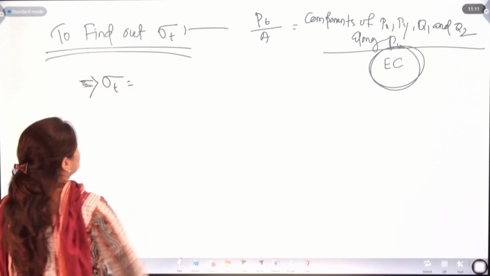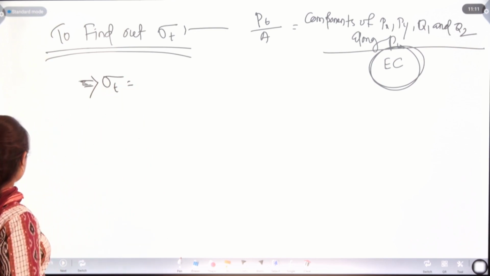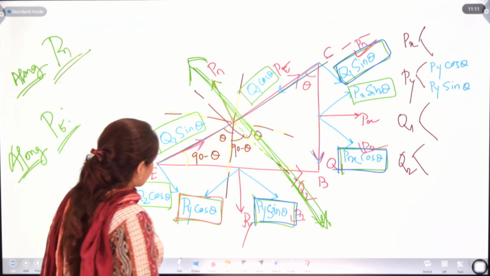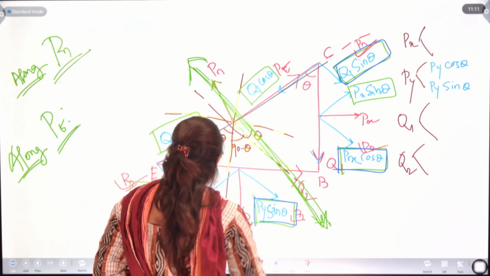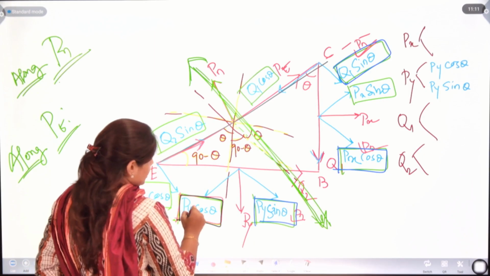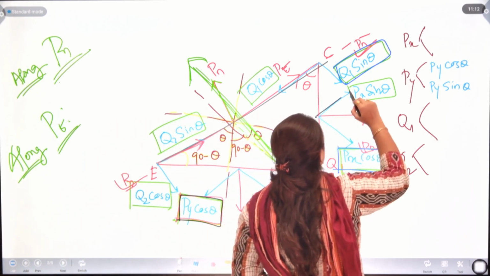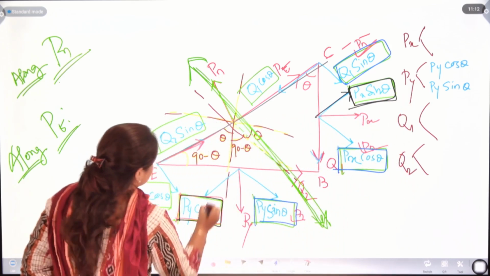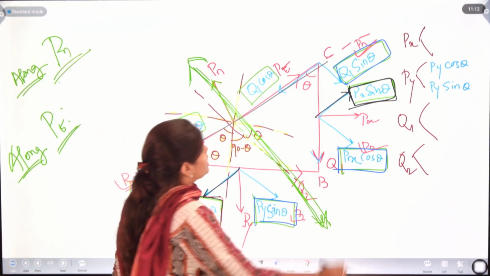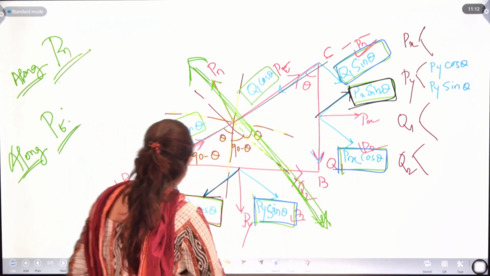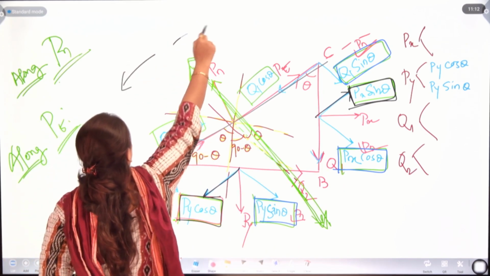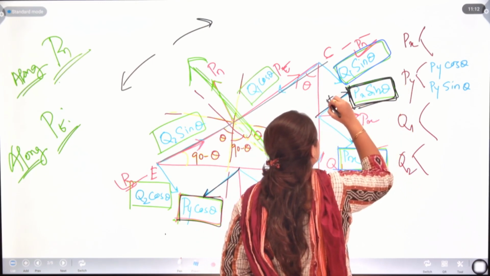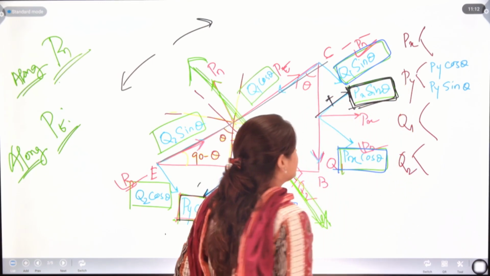Sigma t will be, let's just write directly from this. Which are the components? Here Py cos theta, and in this direction we have Px sin theta. You can see this is acting in this direction and this is acting in this direction. One is here and another is here. So we can take this as positive and this direction as negative.